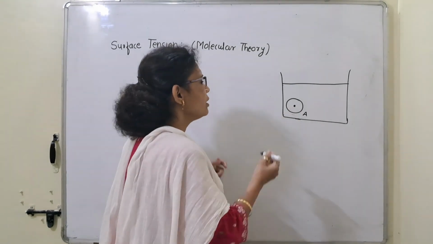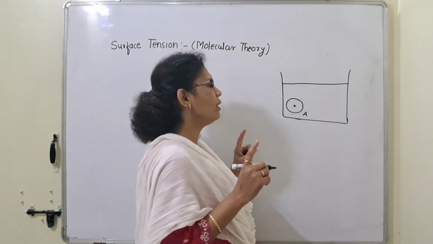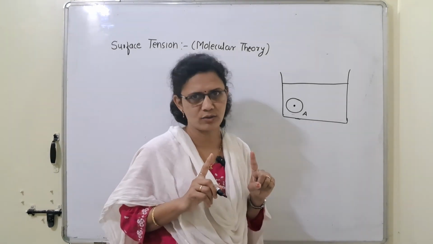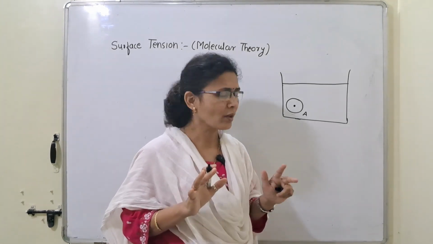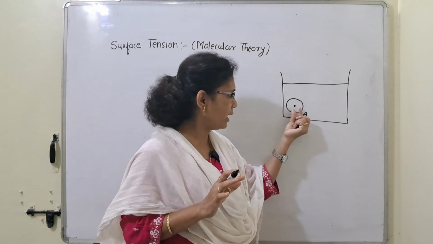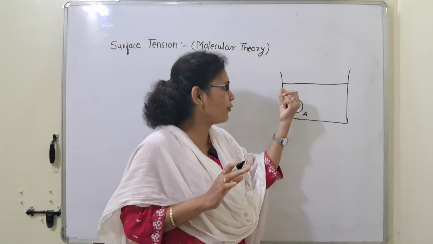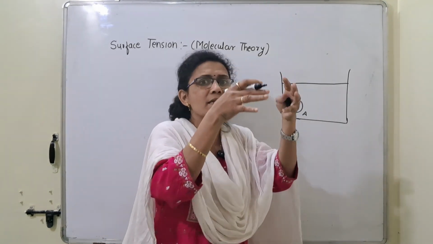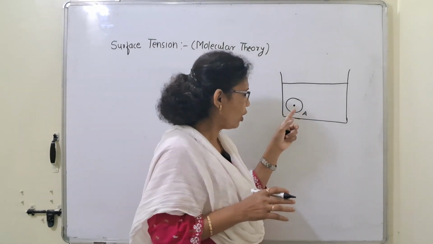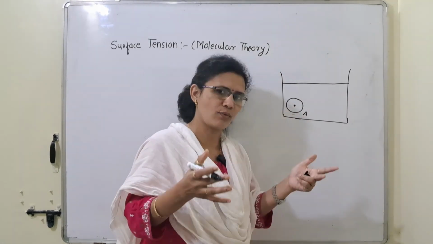Okay, so now here only one type of force will act on that molecule. See, this molecule A and its sphere of influence is totally inside the liquid or fluid, you can say water.